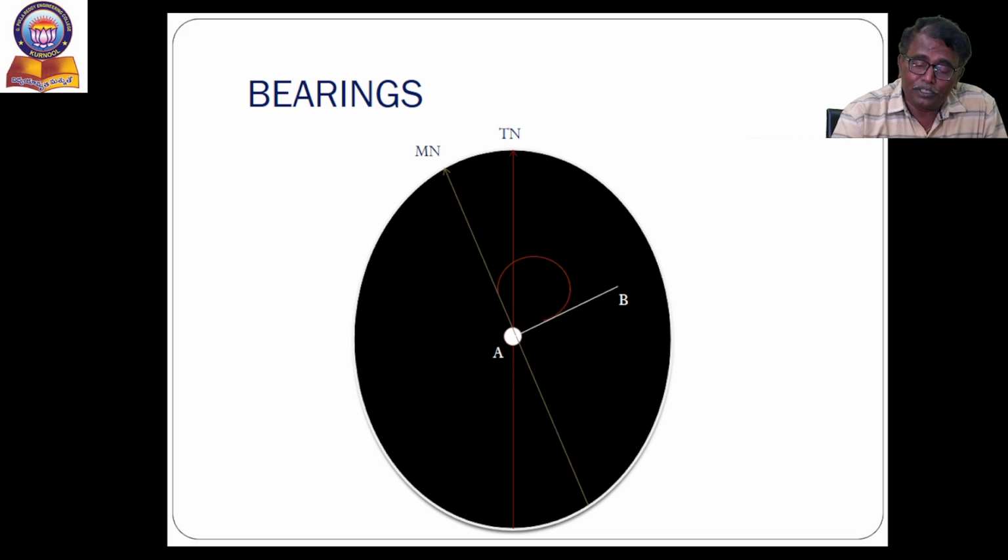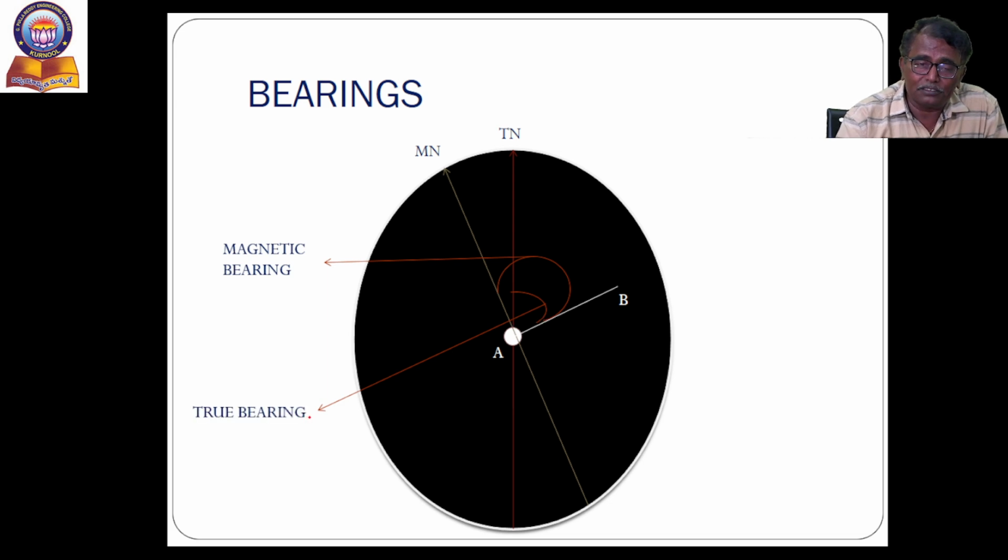If you have measured the bearing with reference to magnetic north, that is called magnetic bearing. And when you measure a bearing with reference to the true north, the bearing is known as the true bearing of the line AB.